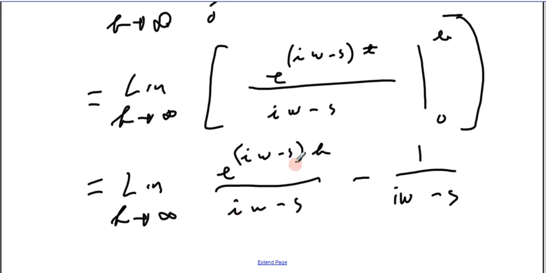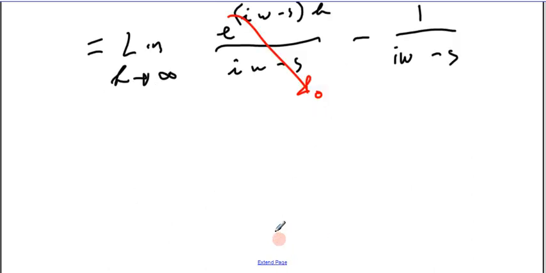As I go to infinity, I'm going to let my s be bigger than i omega, so obviously this is going to go to 0. And my answer is going to be 1 over s minus i omega, because I have a minus sign there, so I'm going to turn it around on the bottom.